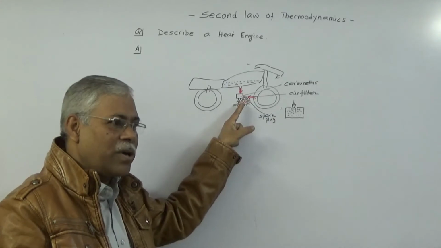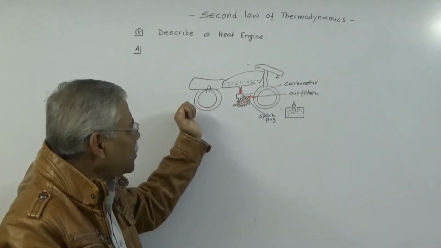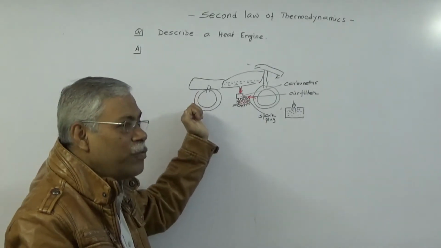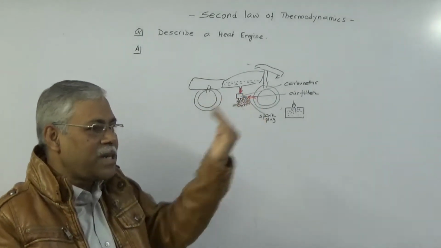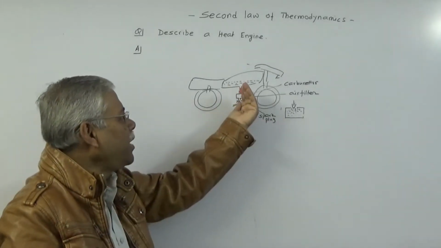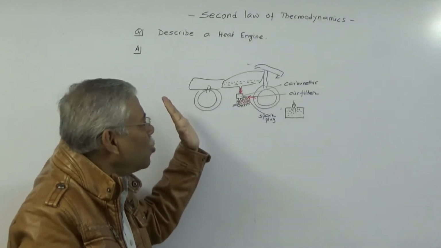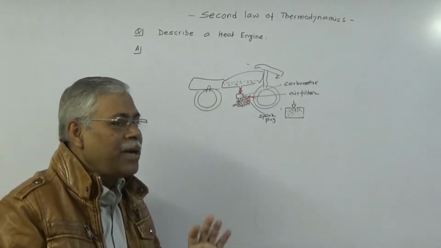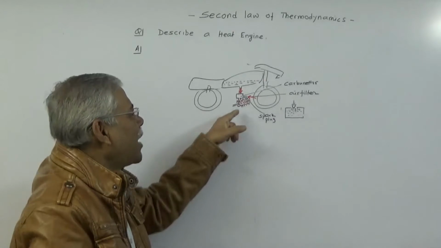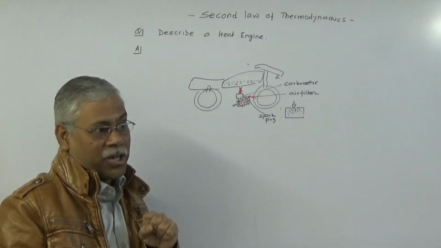And then after moving away from the spark plug, the piston will move in the forward direction, towards the spark plug, and during this step it will compress that air fuel mixture.